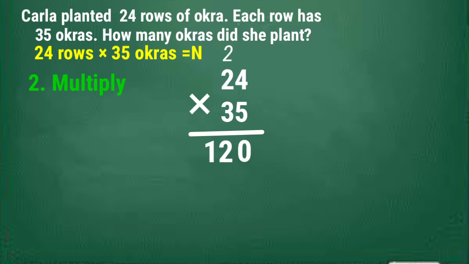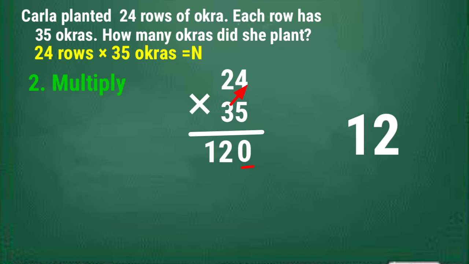So we have to multiply 3 to 4. So 3 times 4 is 12. Before we write the subproduct, you have to remember this always, that you need to skip one place value.